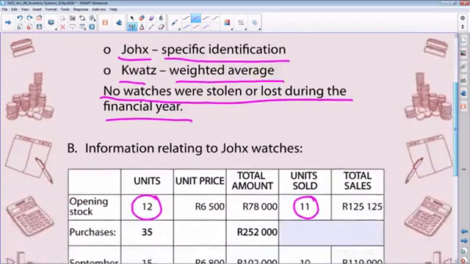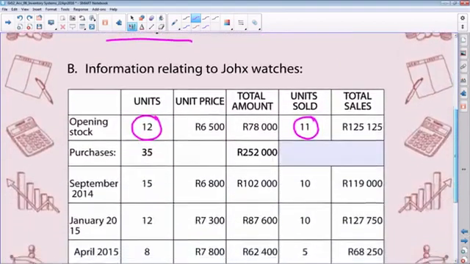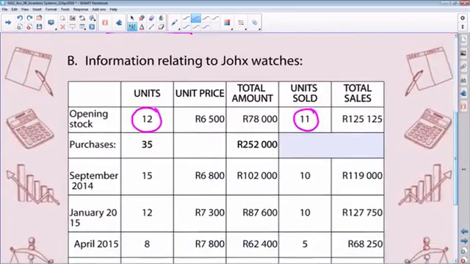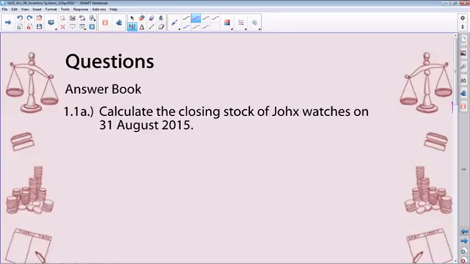Next item, we had 15 of these units that we purchased, of which we have sold 10. Clearly you can see that you have 5 left over. 5 at what price? 6,800. Therefore, we're saying 5 at 6,800.